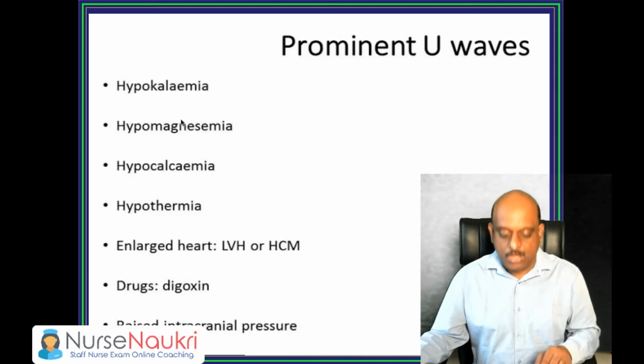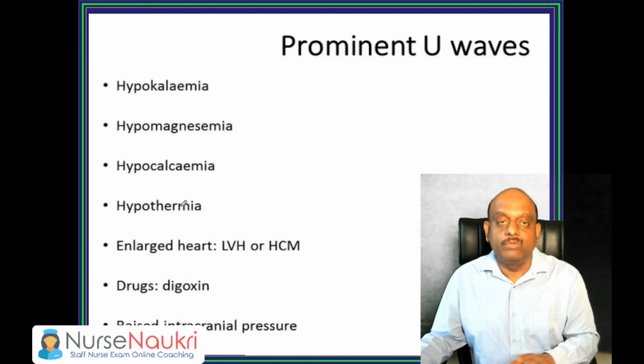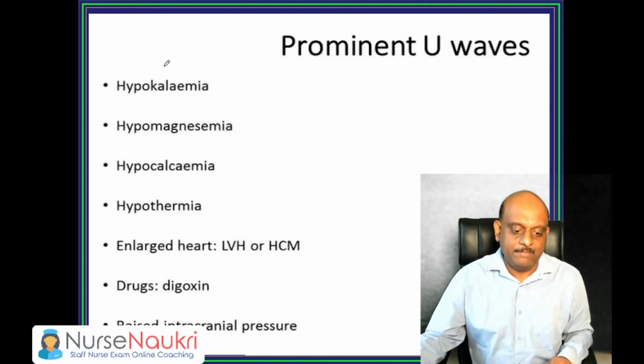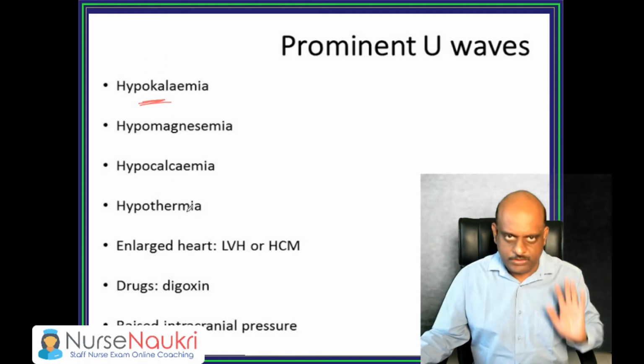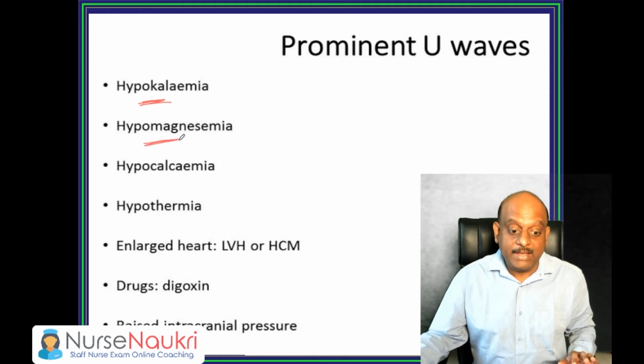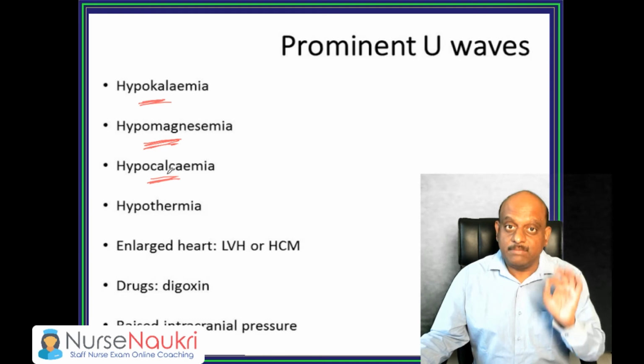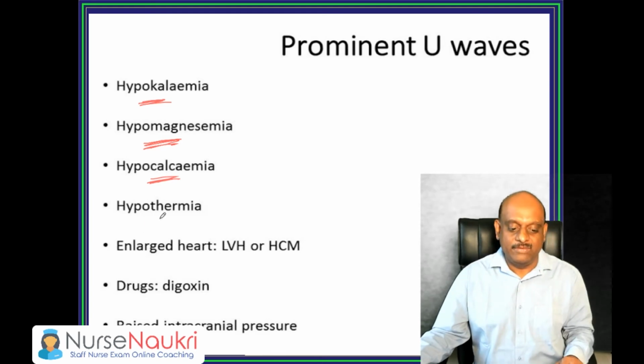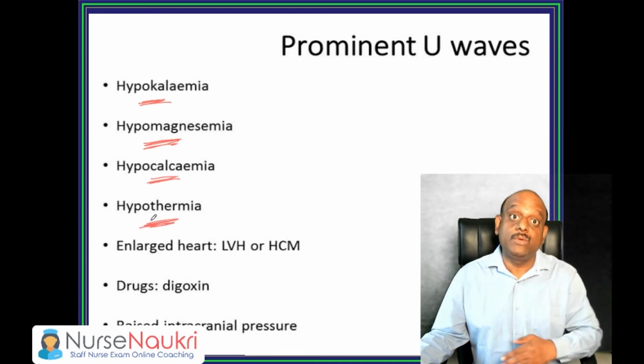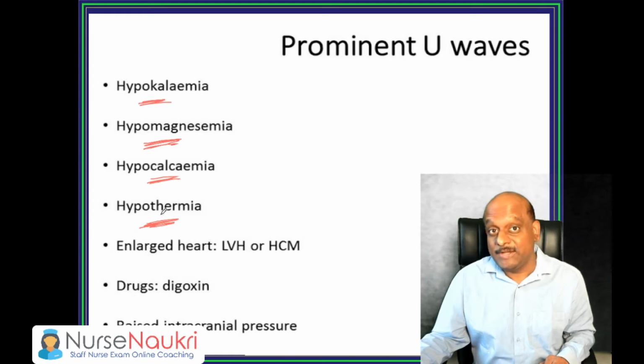There are various causes for U wave, not only hypokalemia. Hypokalemia is one cause, you remember. When the serum magnesium level is low, you get U wave. When the serum calcium level is low, you get U wave. When the temperature is very low, hypothermia, you get U wave.